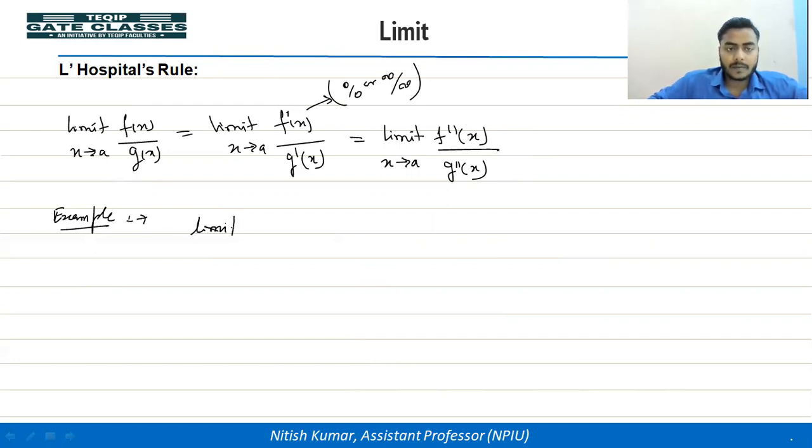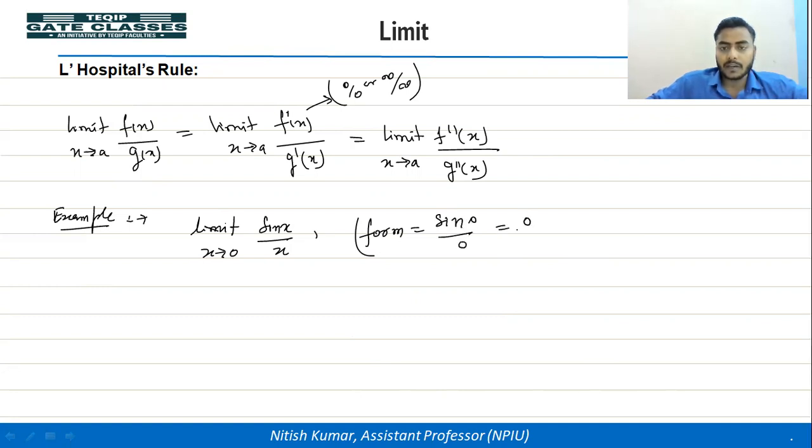Limit sin x by x as x goes to 0. First check the form, which form it is. So put the value x equal to 0 because x tends to 0 here. So sin 0 by 0, we are getting 0 by 0 form. So we can apply the L'Hopital rule.